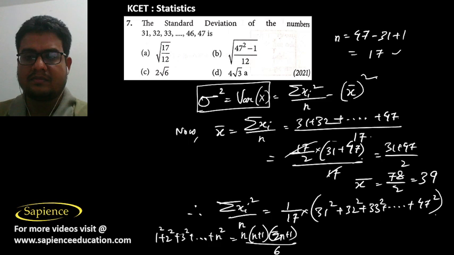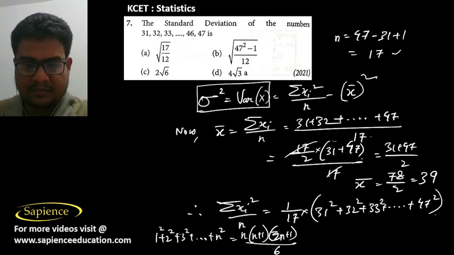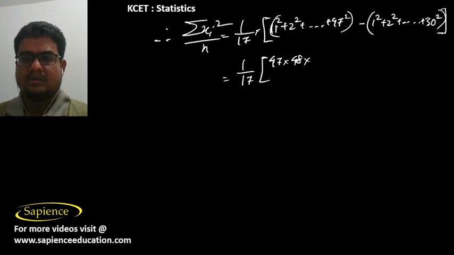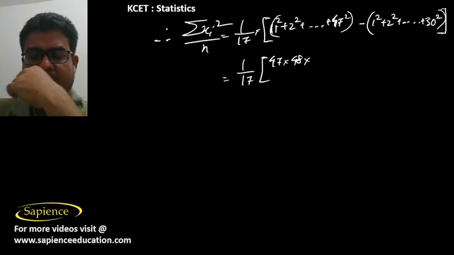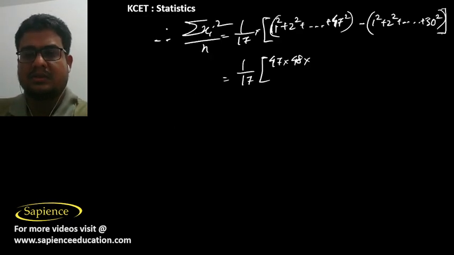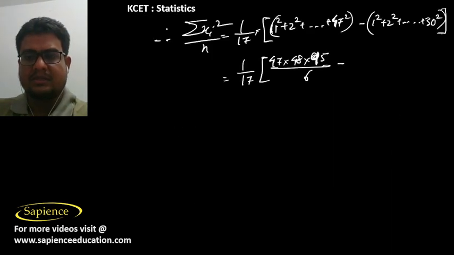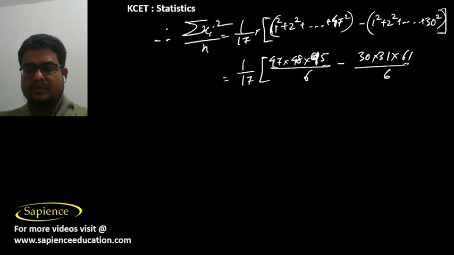So this will be 1 by 17 into 47 into 47 plus 1 into 2n plus 1. 2n is 94, 94 plus 1, that is 95, 95 divided by 6, minus, this is also n into n plus 1 into 2n plus 1, so 30 into 31 into 61 by 6.